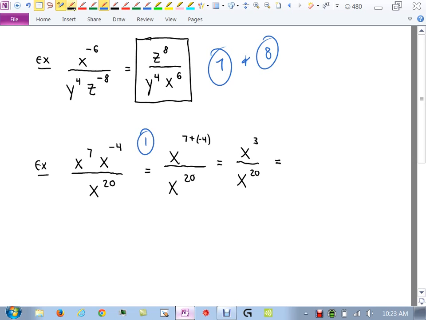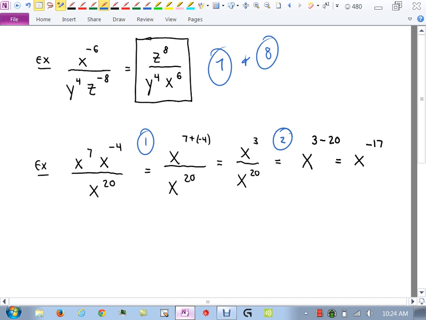So this will become x to the 3 take away 20, right? What's 3 minus 20? Negative 17. So that was property 2 that took me from this step to this step. 3 minus 20 is negative 17.